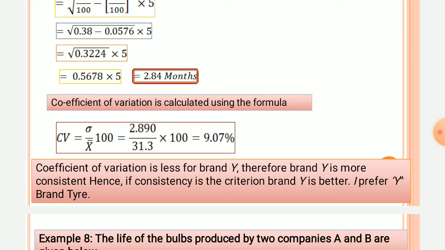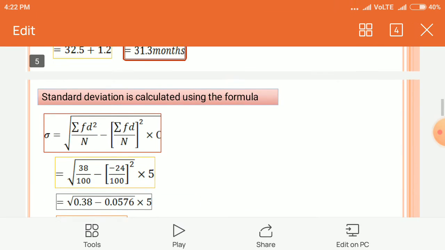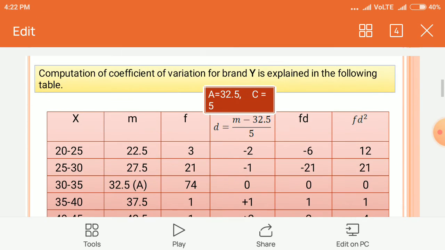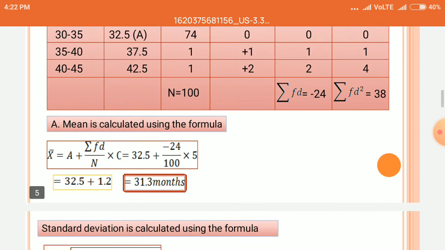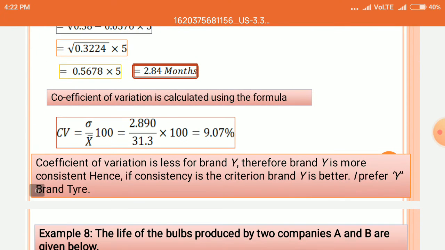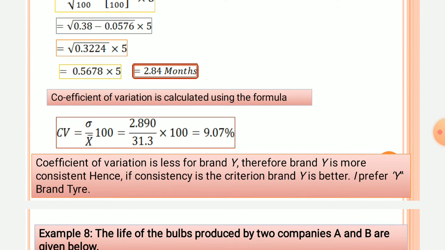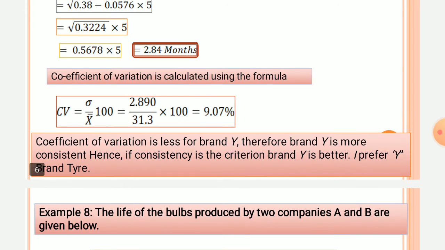So now compare the coefficient of variation of both Brand X and Brand Y to make the interpretation. The coefficient of variation of Brand X is 10.72%, and the coefficient of variation of Brand Y is 9.07%.